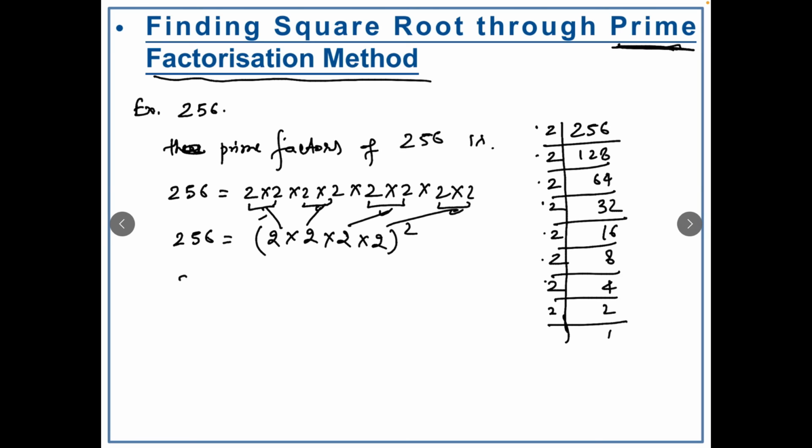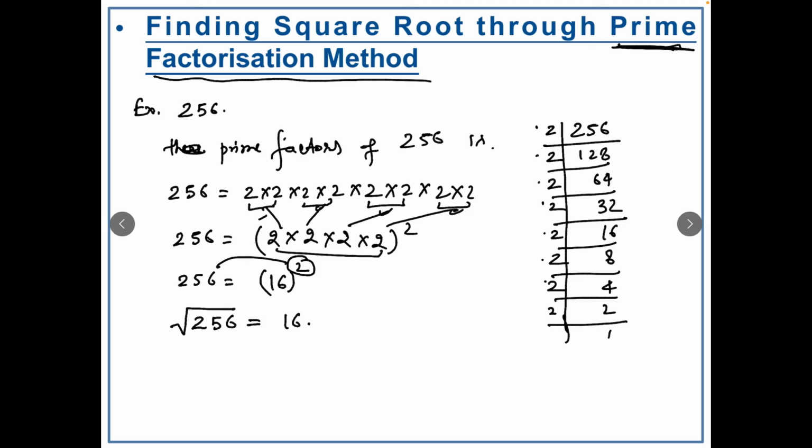Okay, so now this 256 is equal to, now multiply all these numbers. 2 into 2 is 4, 4 into 2 is 8, 8 into 2 is 16, so we have 16 square, and when you shift this power 2 to this side, this will become square root. Okay, so the square root of 256 is equal to 16.